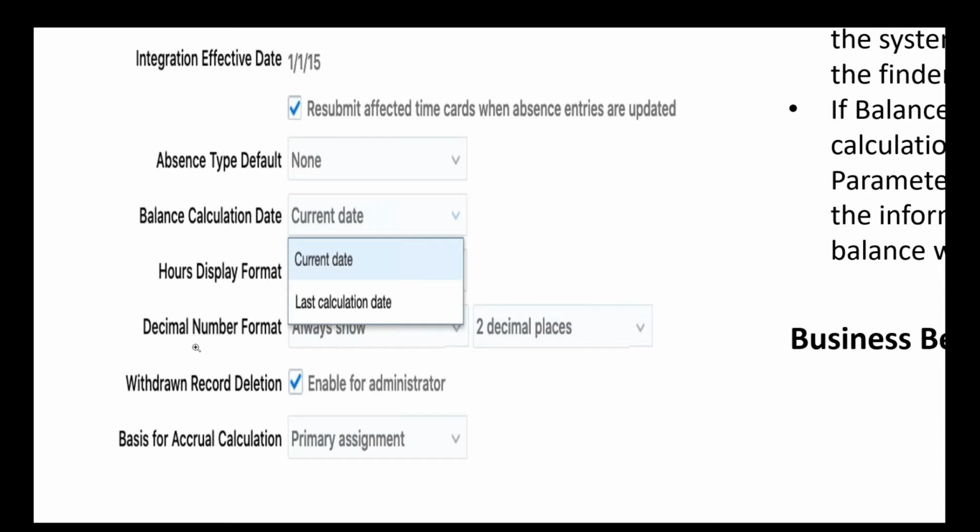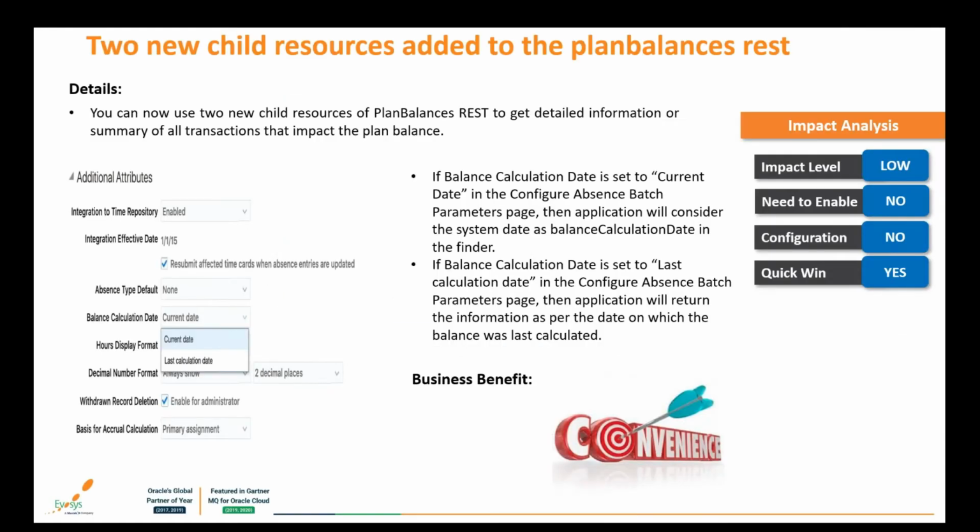And if it is set to last calculation date, then the information will be returned as per the date on which the balance was last calculated. So this feature benefits us by offering users the convenience of extracting transaction level summary and transaction level details for absences.